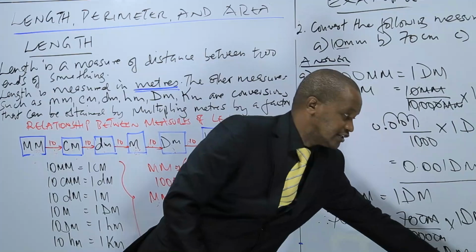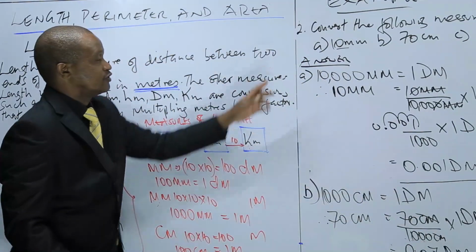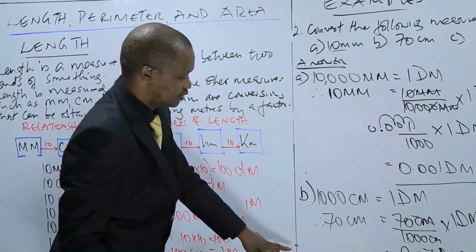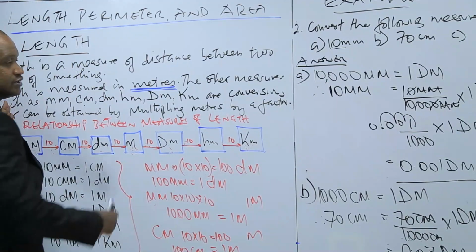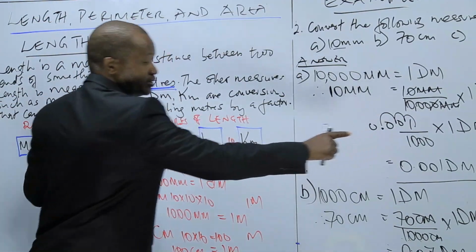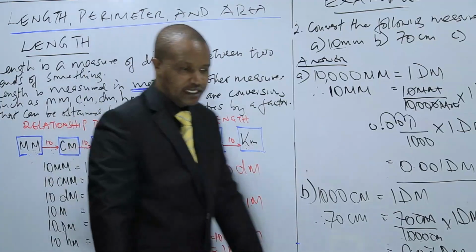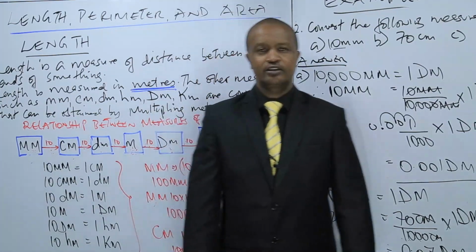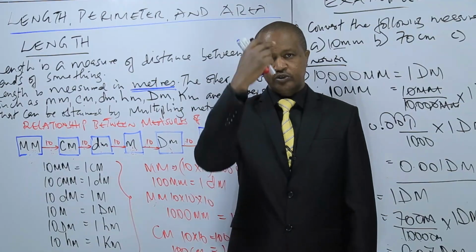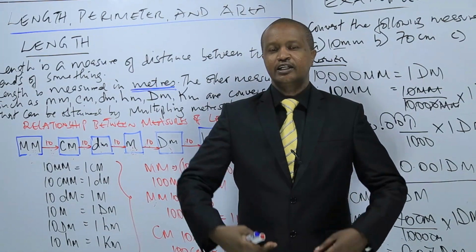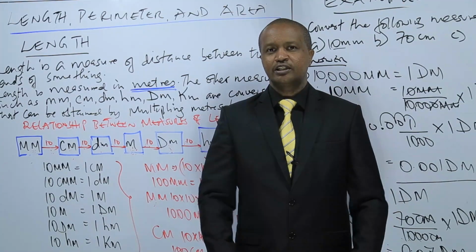It can be the length of this board from this point to this point. It can be the length of this whiteboard. It can be my length from the toe to my hair. What is the length? That is a measure.